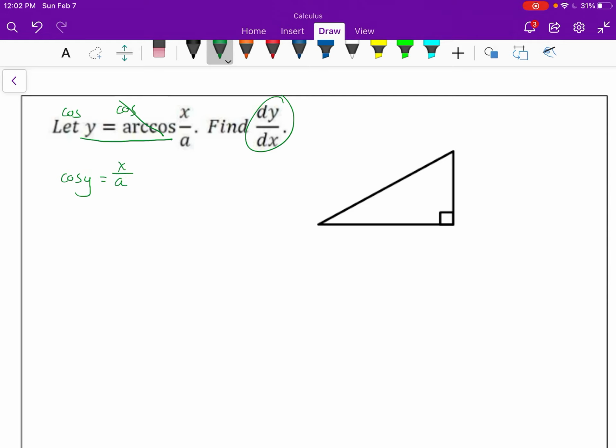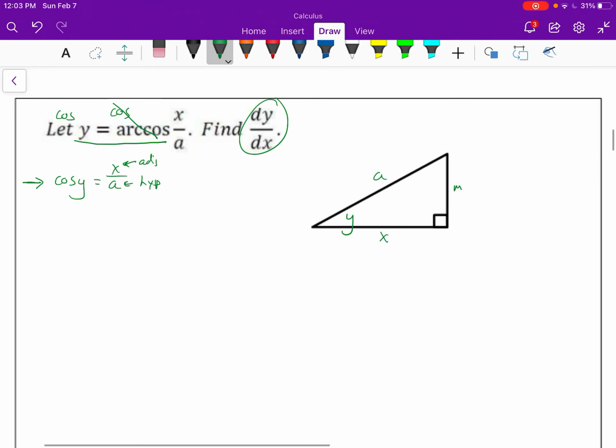Now, we can look ahead and realize we'll probably need another side in the triangle here, so we can use the fact that cosine of y, some angle y, is x over a. Well, this time this is the adjacent, and this is the hypotenuse. So we have x and a, and this might be some side m.